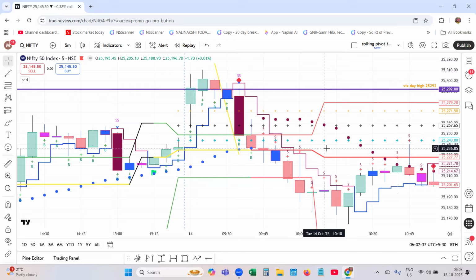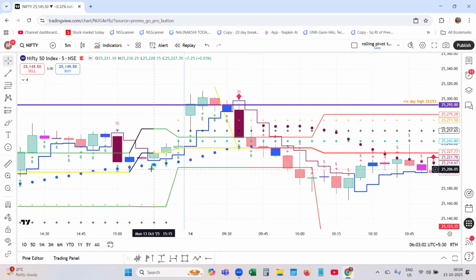of this indicator with the shorter period rolling pivot, Gann HiLo, CPR, and volatility contraction. See here when it flips on the shorter period, for example, everything is green.